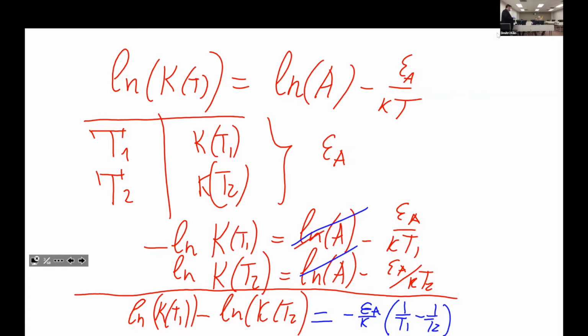But it is kind of the next stage. The first thing is just to analyze how the rate depends on the energy of cell.